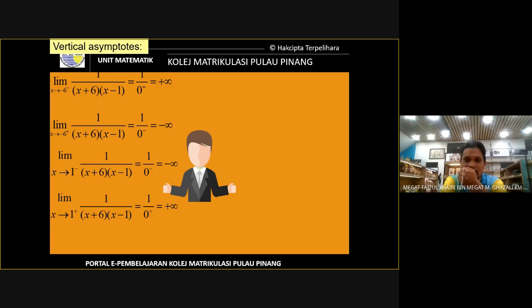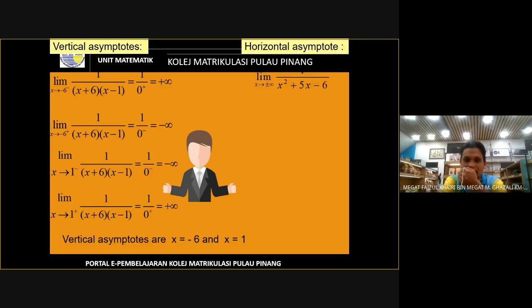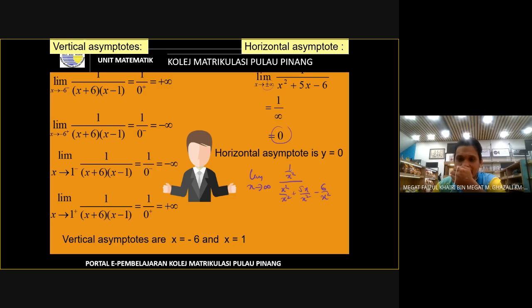So then we have negative and positive. So x approaching to positive and negative infinity, the function approaches 0 here. Horizontal asymptote is y equal to 0. So for this limit of x approaching to infinity, we divide by x squared: 1 over x squared divided by x squared over x squared plus 5x over x squared minus 6 over x squared.